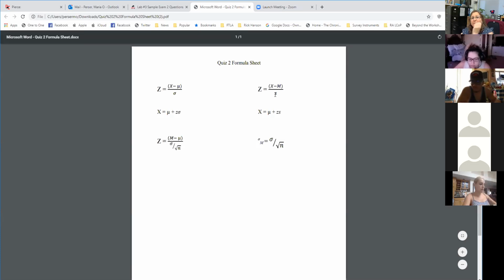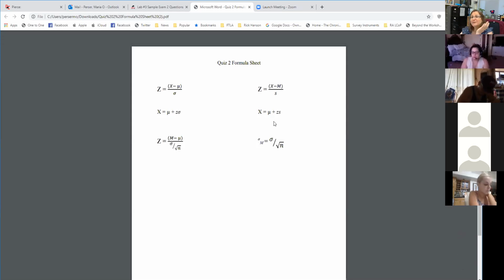Basically, rather than using parameters, if a problem gives you sample statistics instead, where they give you an M and an S, then you would use this formula. It's the identical formula; the symbols just represent something different.